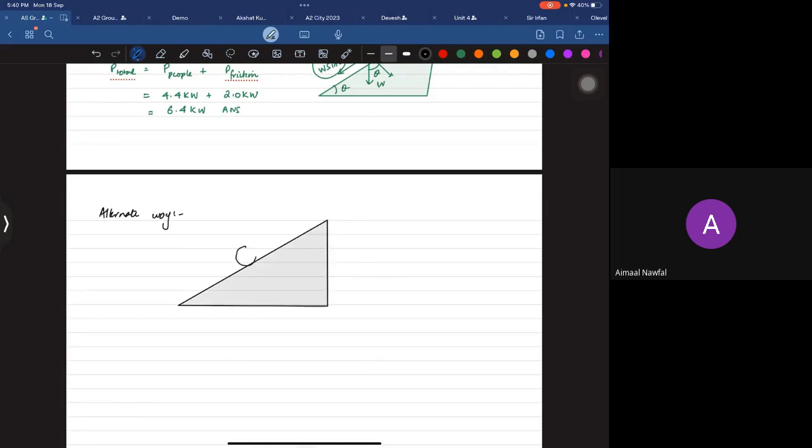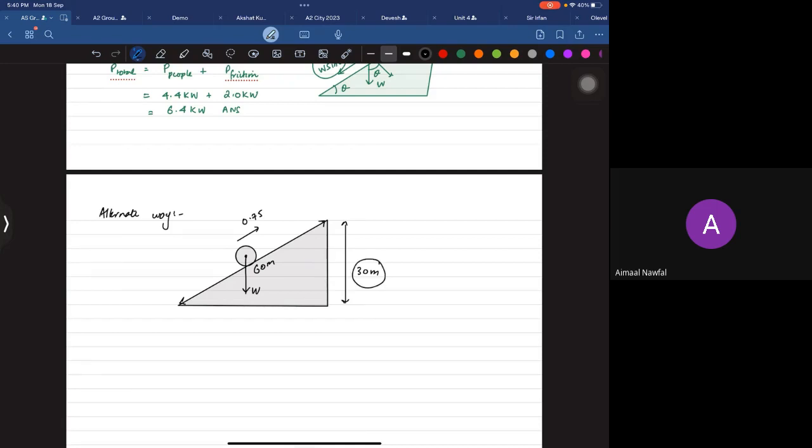Let's suppose these are the people. They're going at 0.75. This distance from here till here, we know it's 60, and that distance is 30. Now, the weight of these people acts downwards, so the work we need to do is against this.